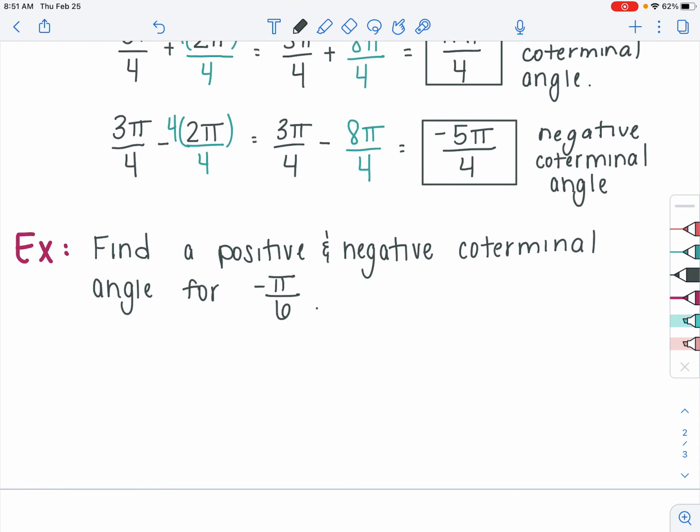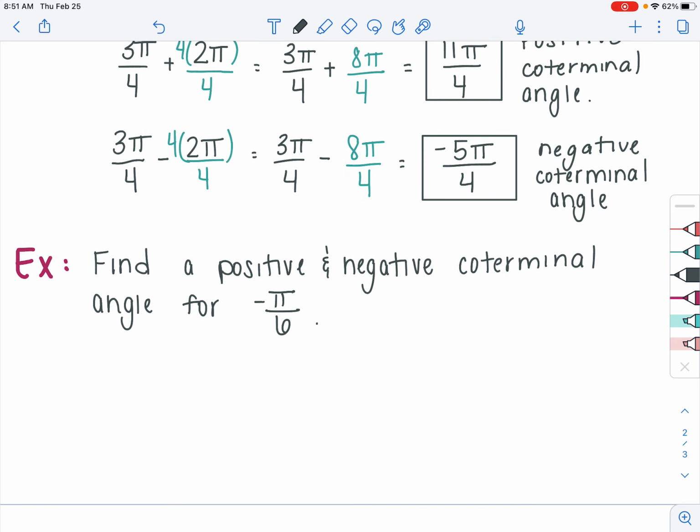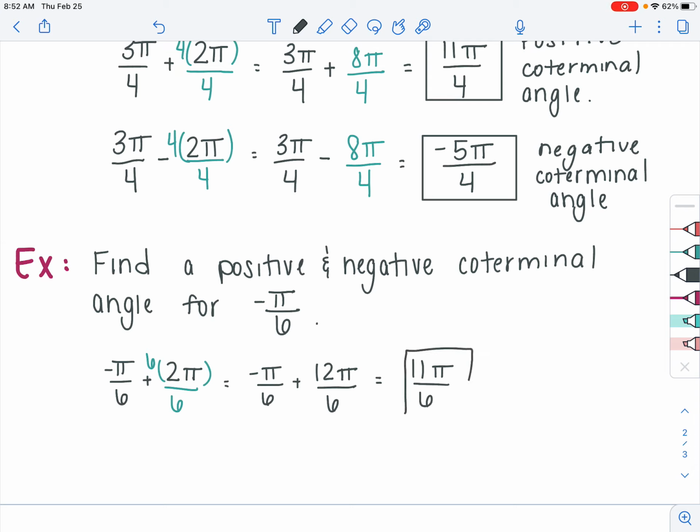So if I need to find a positive and a negative coterminal angle, I need to take negative pi over 6, and I have to add 2 pi. So I need my denominators to be the same. I need this to be a 6, which means I got to multiply the top by a 6. So I get negative pi over 6 plus 12 pi over 6, which gives me 11 pi over 6. So there's my positive coterminal angle.